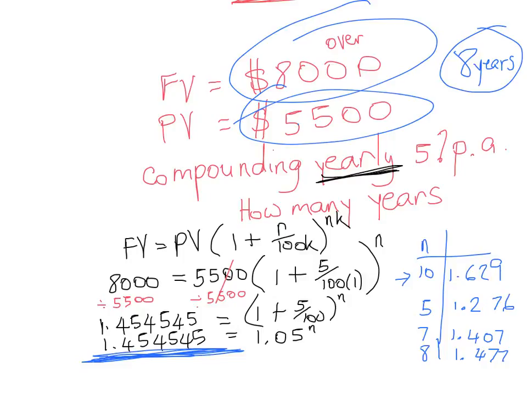So we decided to go down and try 5, which was too small. We got 1.276. We went a little bigger, it was still too small. A little bigger, we got 8. And so we figured out that after 8 years would be the first time that our value is over $8,000.